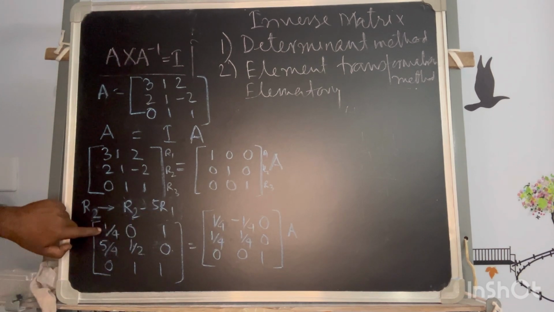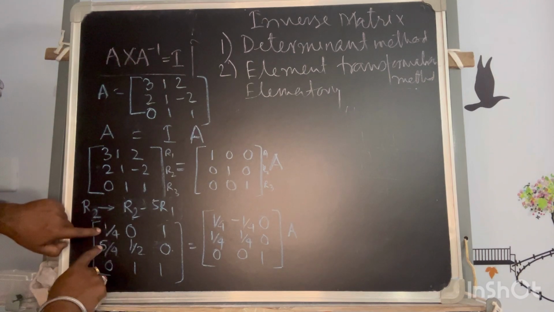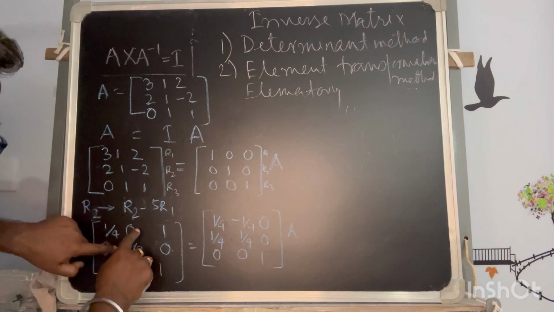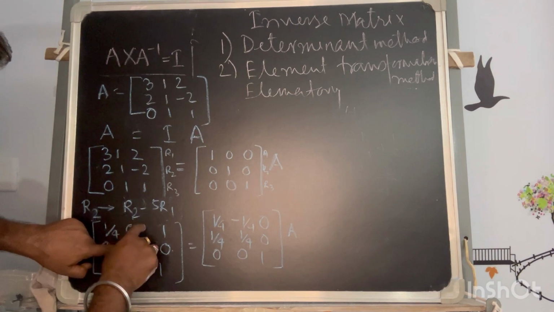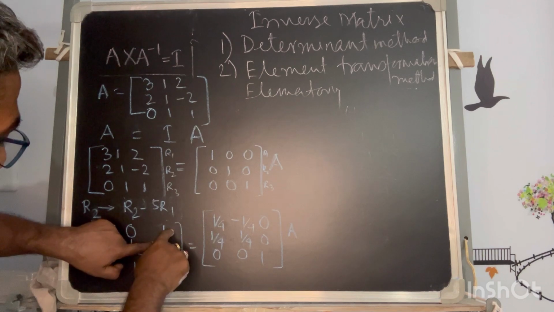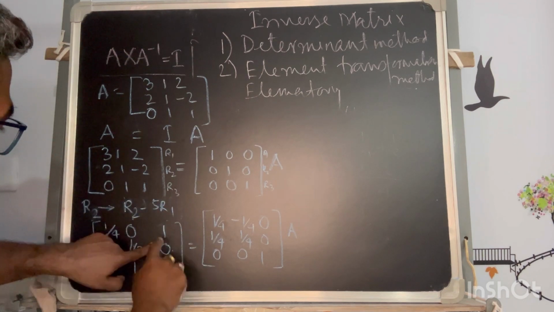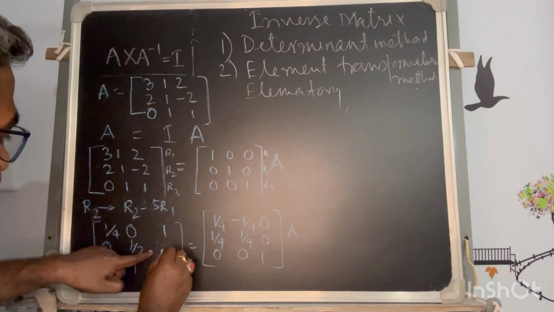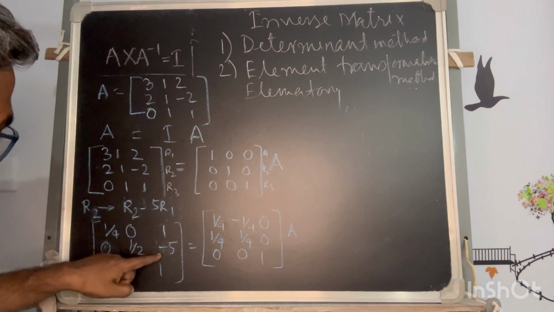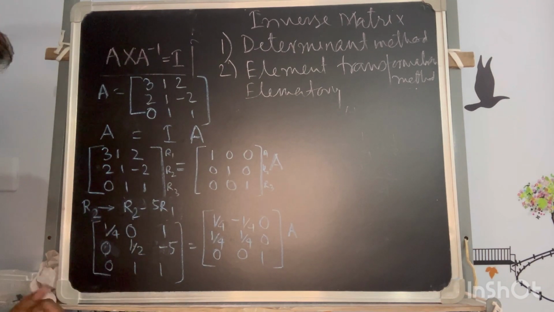So 5R1 will be 5 by 4 R1. Now if I subtract it, it will become 0. I multiply with 5, it won't change, so this will be the same. I multiply with minus 5, and R2 minus 5, this will become minus 5. Because I multiply with minus 5, R2 was 0, so this will be changed.